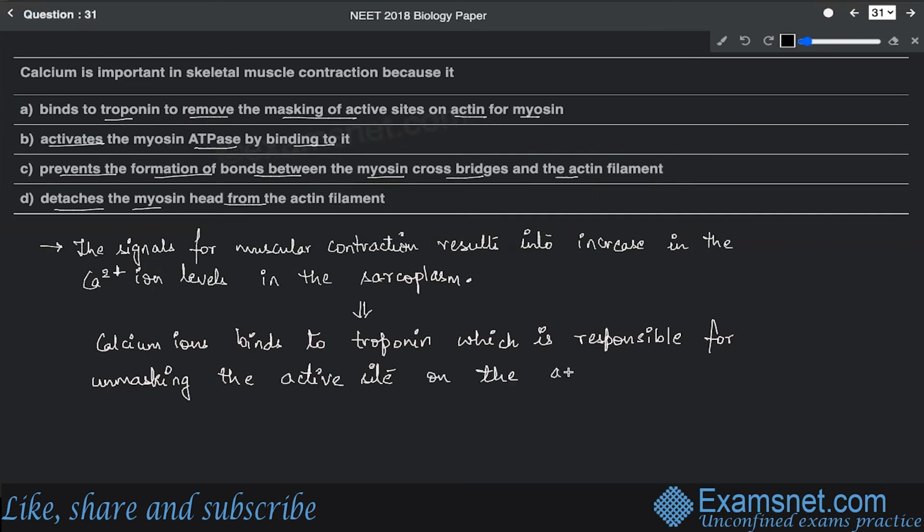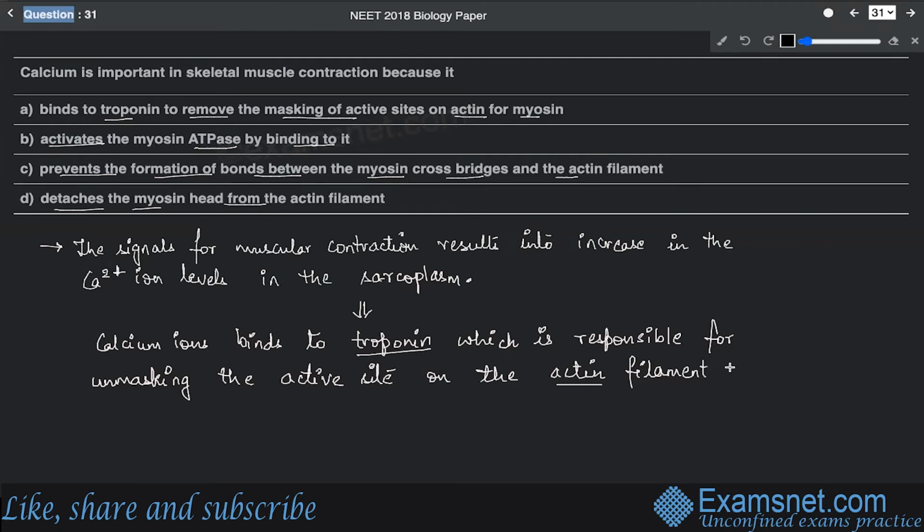Muscular contraction takes place with the help of two important proteins, troponin and actin. The actin filament has an ATP binding site.